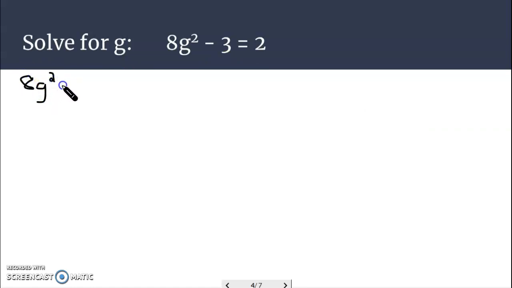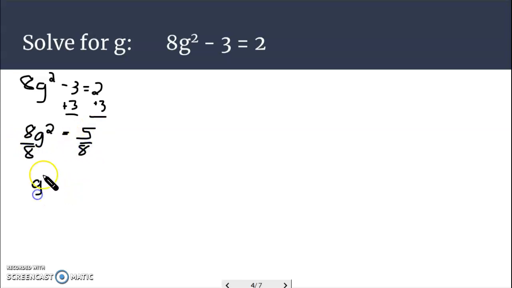8g squared minus 3 equals 2. And we're going to add 3 to both sides. And that gives us 8g squared equals 5. Next step, try to get g by itself by dividing by 8.